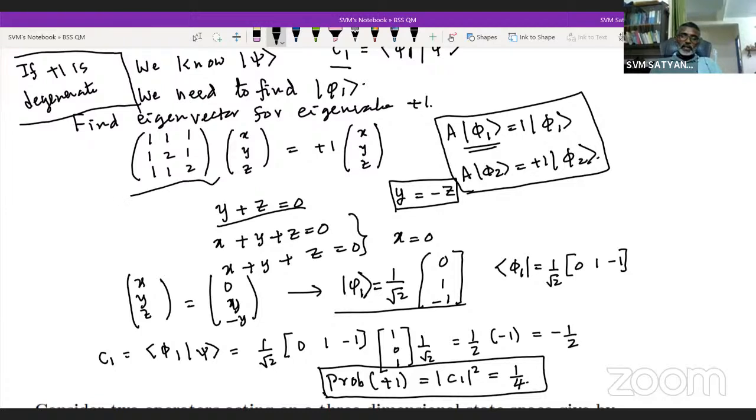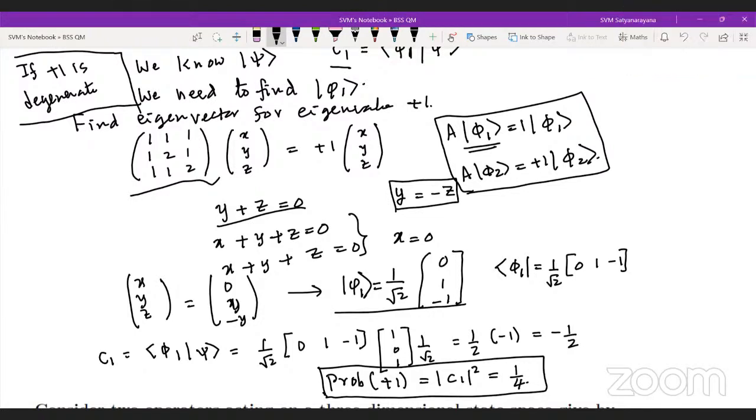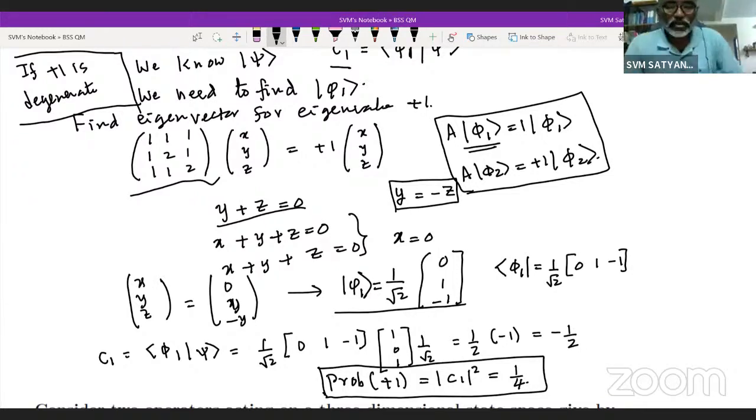If you find the eigenvalues, you will know that it is non-degenerate. Yes, we have to find the eigenvalues to make sure that it is non-degenerate. Okay, but it's a good question. So let us think about it a little bit.